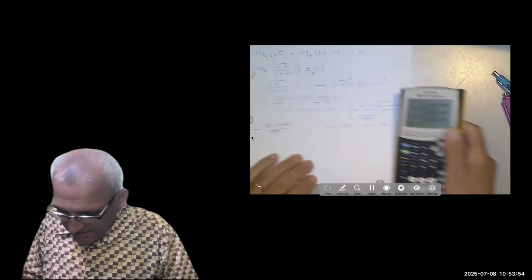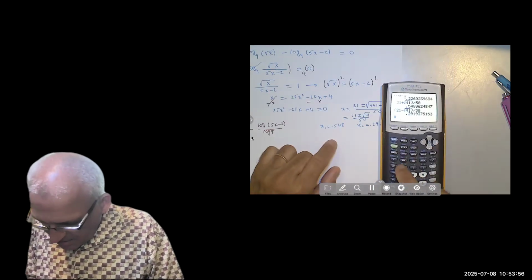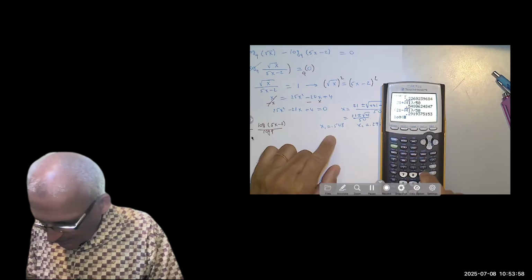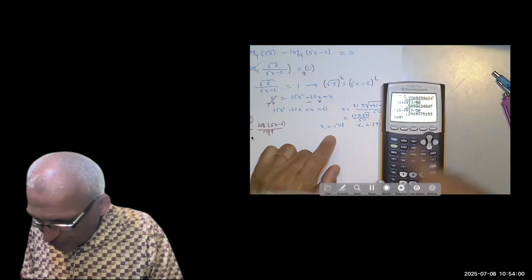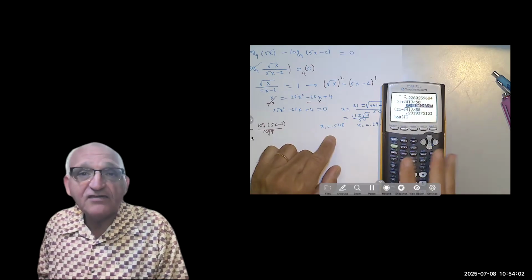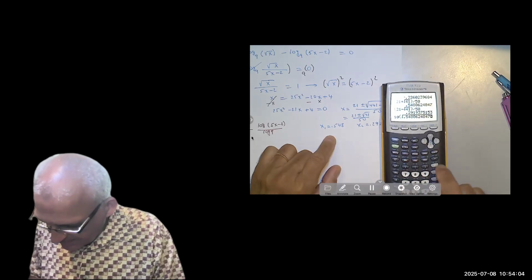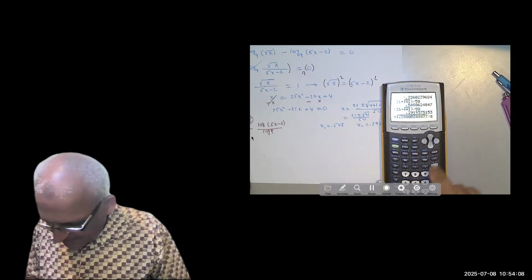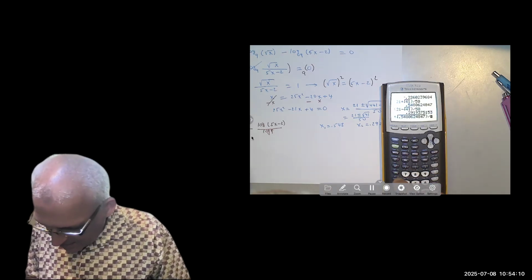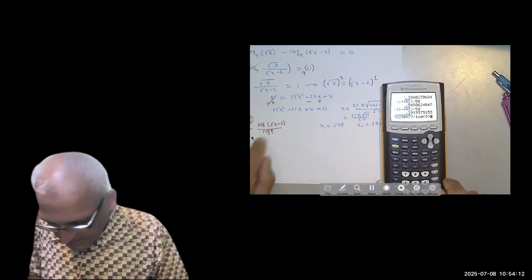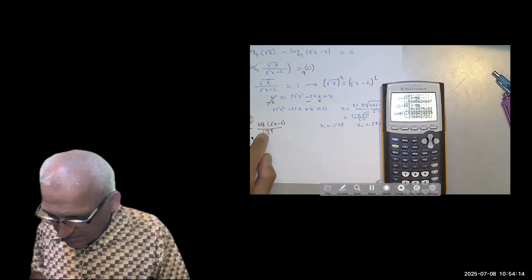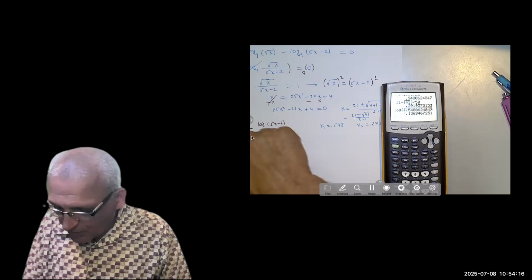So I can take log of the square root of the first value, which is 5.4, whatever, divided by log of 9, equals. So the left hand, or the first one, is that.